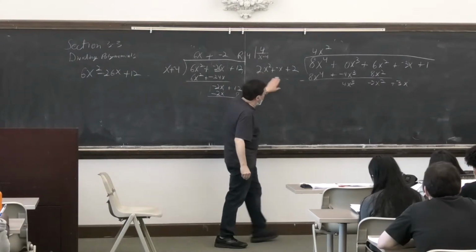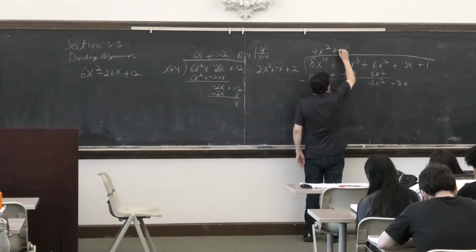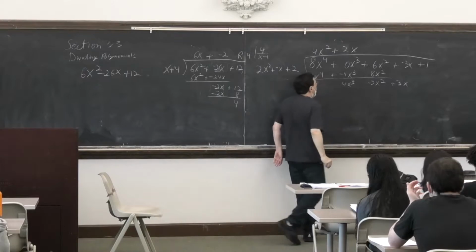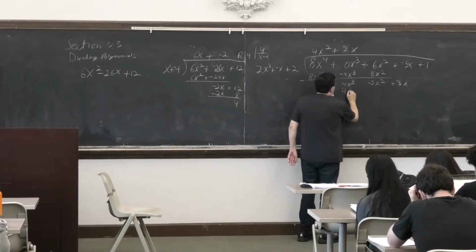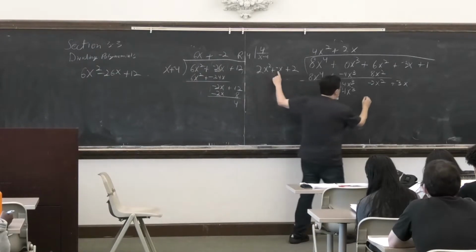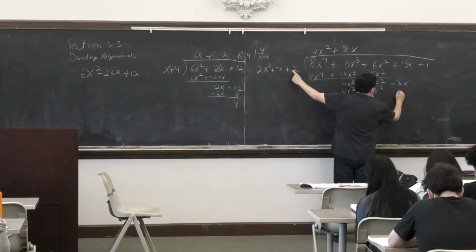Okay, 2x squared into 4x cubed. Pretty straightforward. 2x, 4x cubed, minus 2x squared, plus 2x.